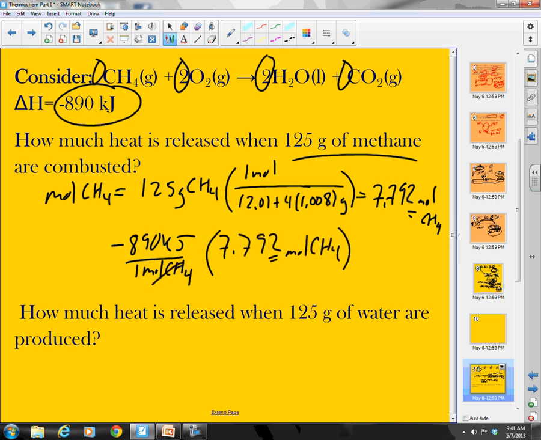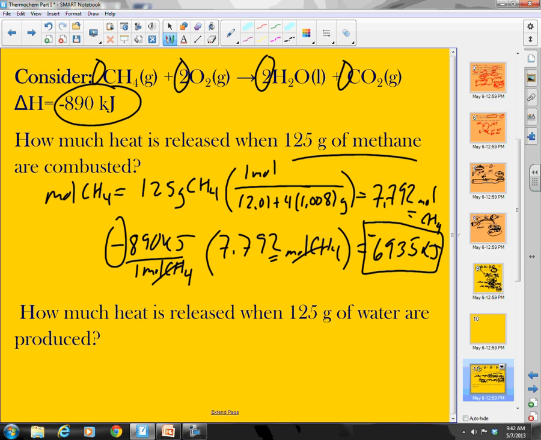My moles of methane cancel, and what do I get? Times 890 negative, and it looks to me like I get 6935 kilojoules. What's my sign? Negative. So that would mean 6,935 kilojoules are released.